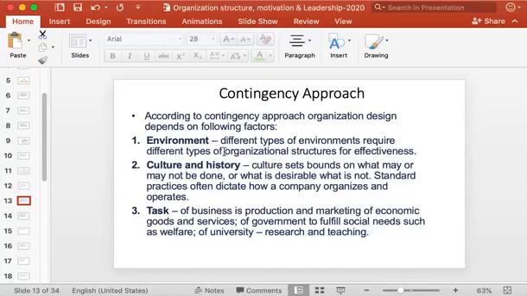So, with the change in environment, organizational structure may need to be changed to improve its effectiveness and efficiency.